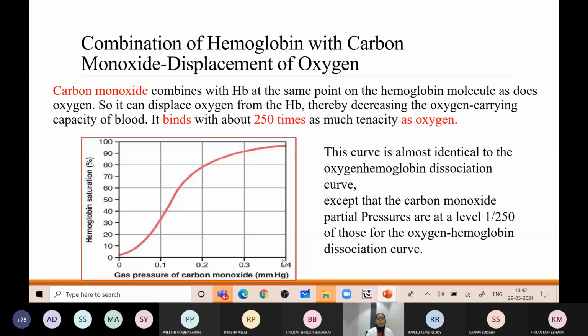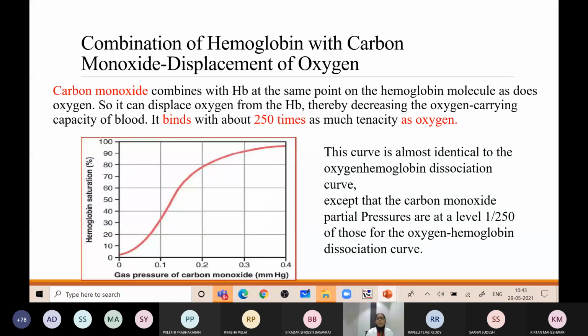So at 0.4 mm of Hg of PCO, partial pressure of carbon monoxide, the hemoglobin is 100% saturated with carbon monoxide. You must remember this point in carbon monoxide poisoning. It's very important in clinical practice.